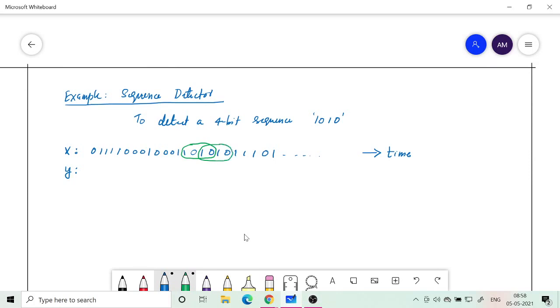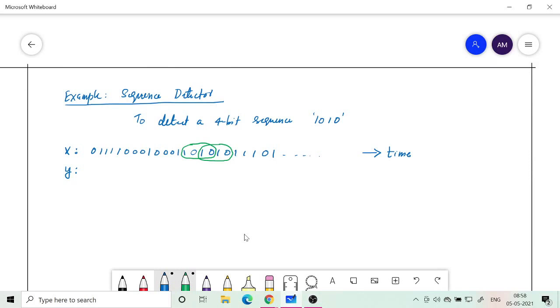So this is called an overlapping sequence. Whenever this is detected, whenever the final input comes, that is the time I want the output to become 1. So whenever the 4th bit is also detected, I should make it 1.